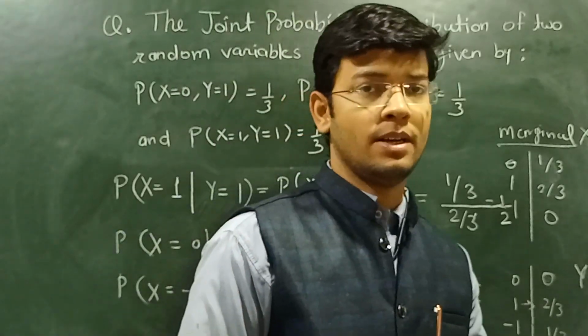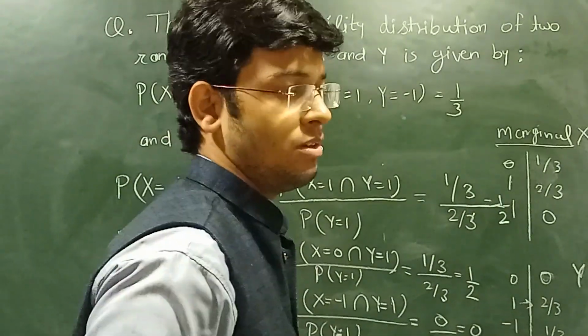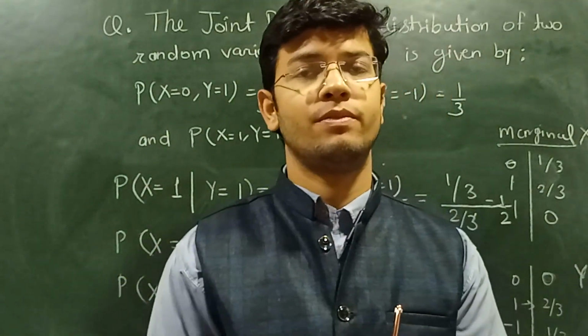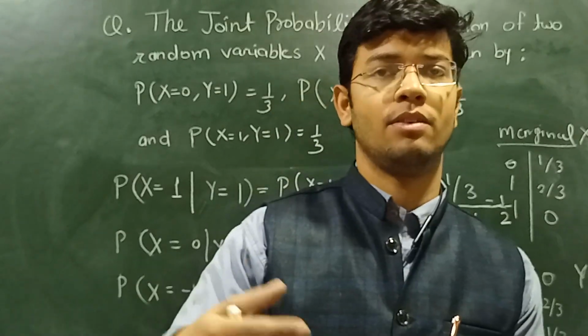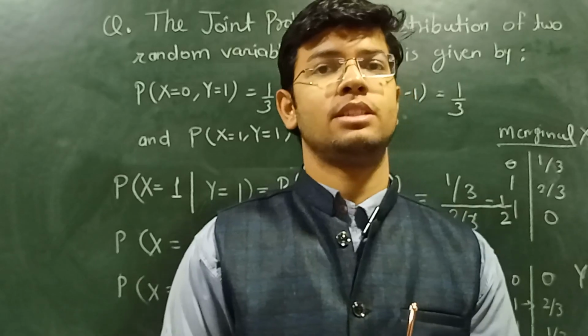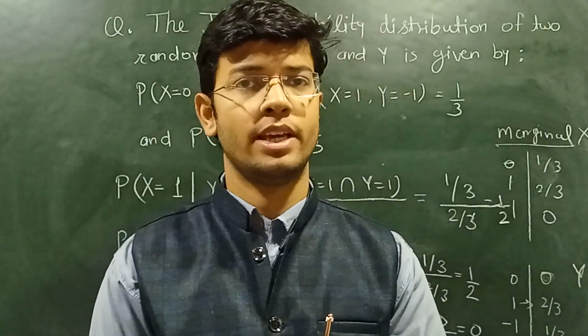Now the values of the three probabilities are 1/2, 1/2 and 0. These are the conditional probabilities of x when y is equal to 1. So this question is completed, and the next question will come in the next video. Thank you so much.